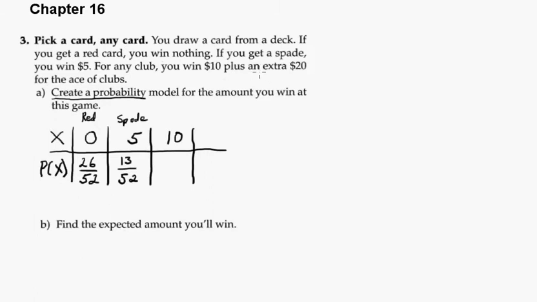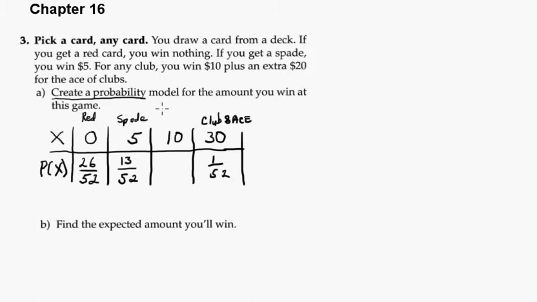However, you get an extra 20, so $30, if the club is an ace. So this would be club and ace. There's only one of those cards, 1 out of 52.